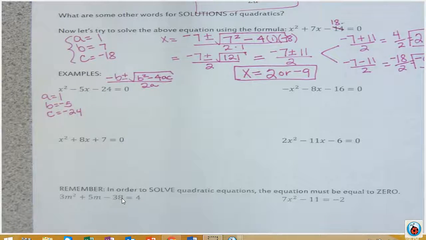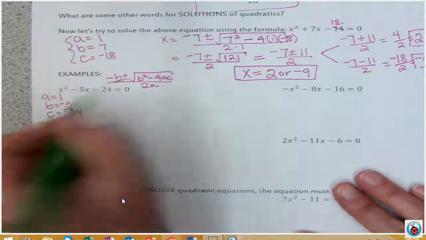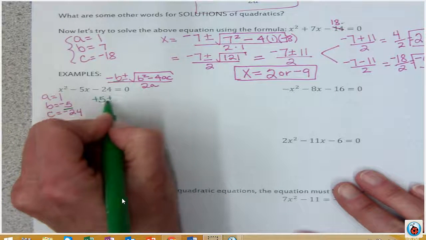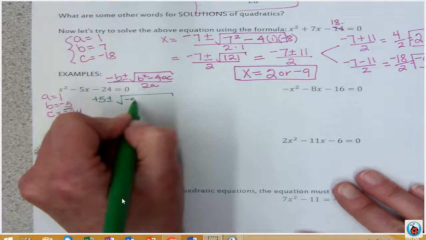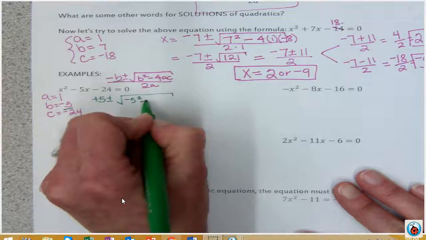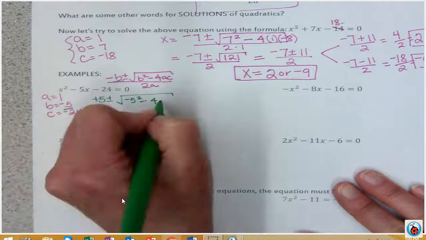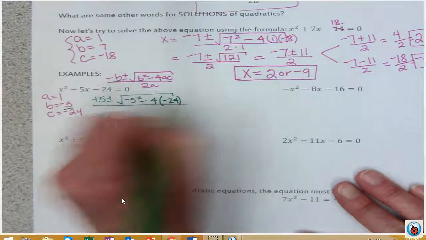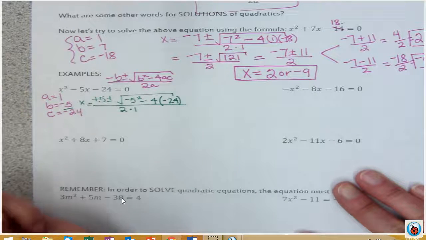So here I'm going to plug my -5 in for my b. Negative of a -5 is going to give me a +5 plus or minus the square root of -5 squared minus 4 times your a, which is 1, times -24, all over 2 times 1.